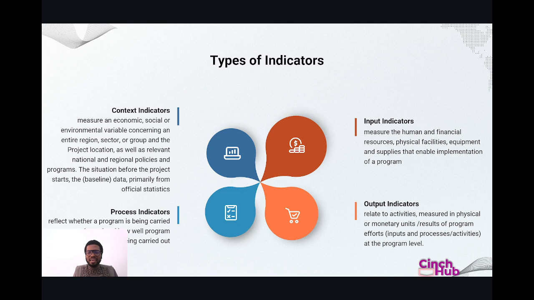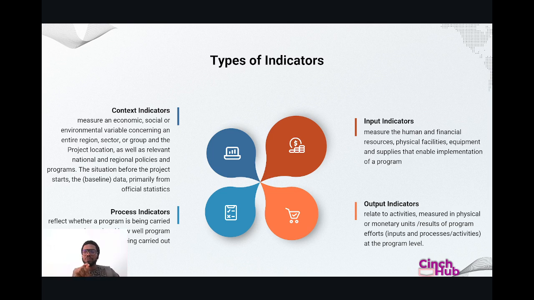This is the way waste is being disposed in this location. They don't have any systematic or well planned waste management system. So we tried to understand what the contexts are. Is it the economic background? Is it the livelihood? Is it that they are not aware, or are there environmental factors? So the context indicator will help you to gather your baseline data.